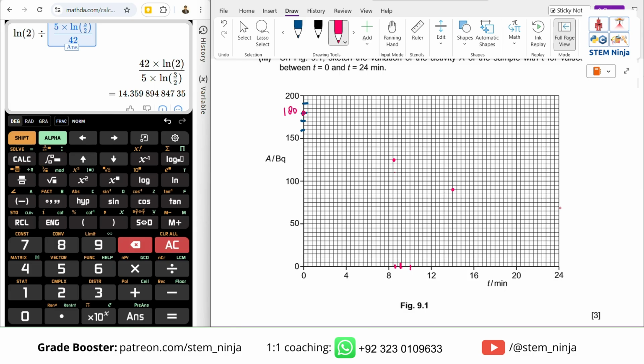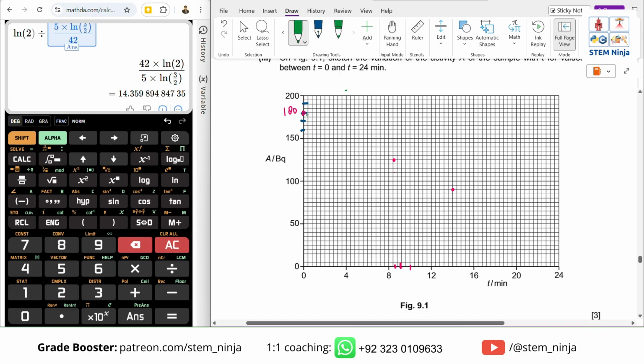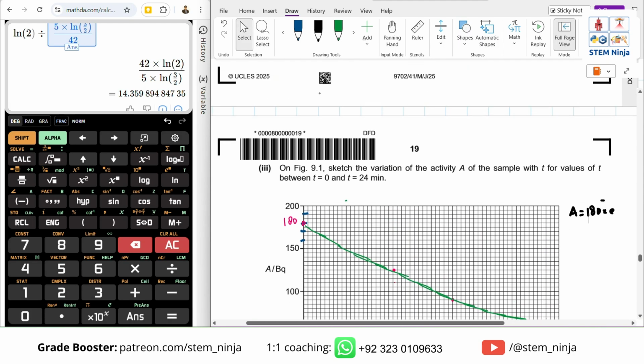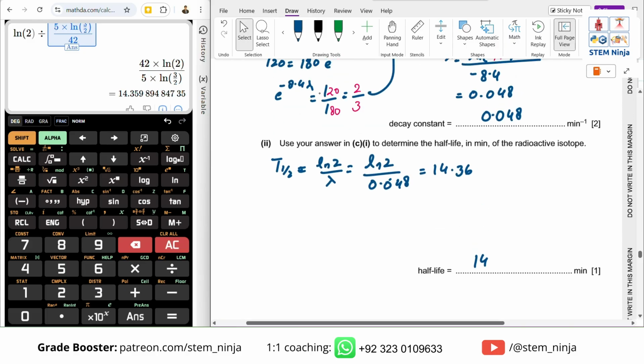So it's going to decay like that. Let's make the graph like that, and let's hope I can make it smooth. So on paper, you will have somewhat like this. You can find out where it's at 24 also. So at 24, A starts at 180, e raised to power minus lambda, which we figured out to be 0.048.